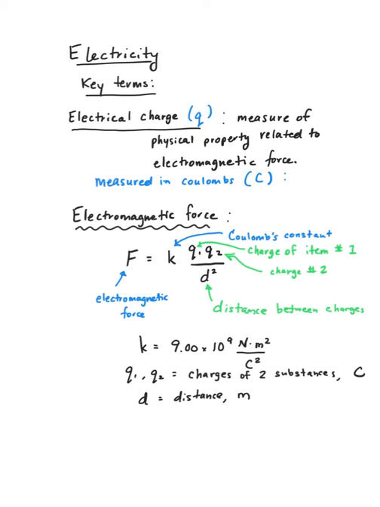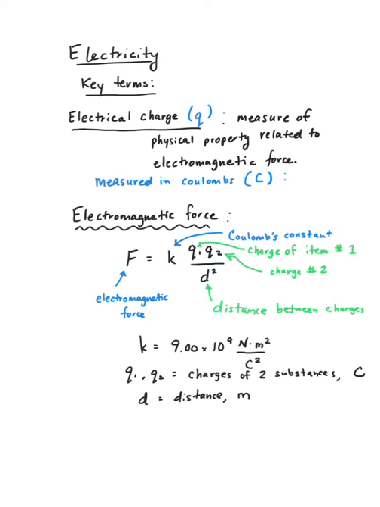This electromagnetic force is attractive if Q1 and Q2 have opposite signs, and the force is therefore negative. This force is repulsive if Q2 and Q1 have the same sign, and the force is therefore positive.